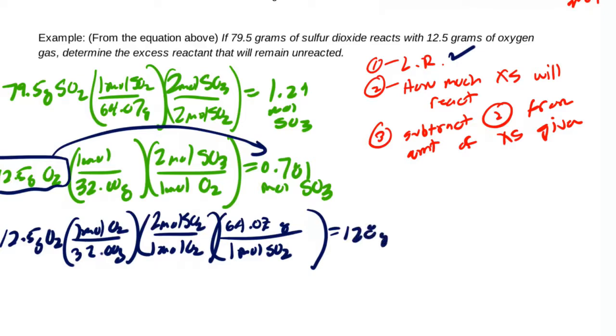And I get 128 grams of sulfur dioxide. So that's what will react. And I immediately recognize something is amiss here, because I was only given 79.5 grams sulfur dioxide.